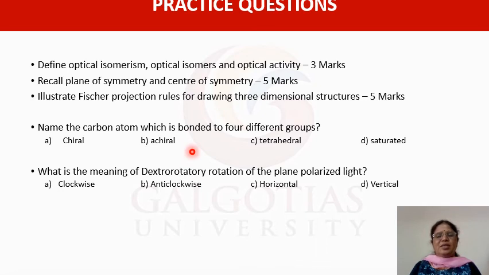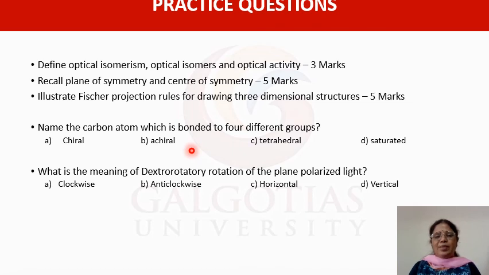The cis-trans system, as we know, is very common and most commonly followed, which requires two substituents on each carbon atom, with the two substituents on one carbon being the same as those on the other carbon. Based on that, a number of multiple choice questions can be asked.